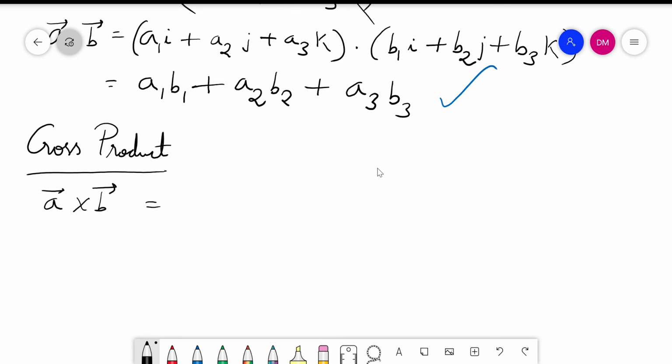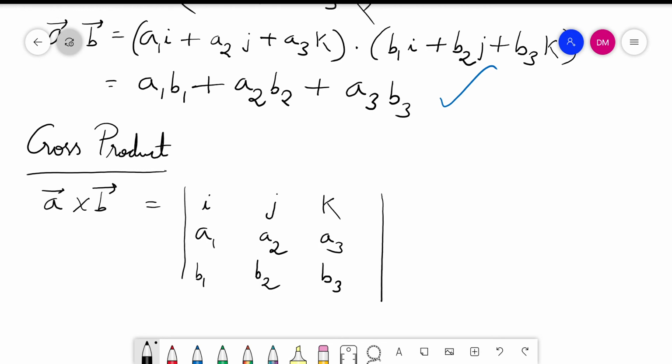So i, j, k; this is a1, a2, a3; this is b1, b2, b3, and we have to take its determinant.